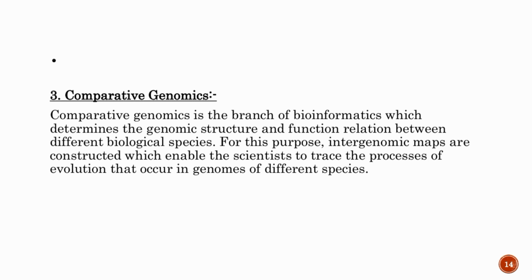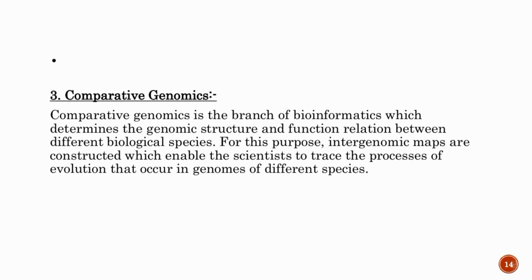Next, comparative genomics. Comparative means the comparison of two or more things. So, comparative genomics is a branch of bioinformatics which determines the genomic structure and function relation between different biological species. Comparative is basically about differences and relations.